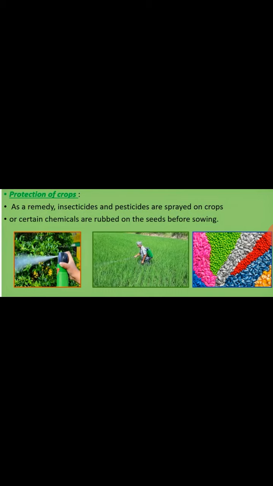Students, now you understood how to protect crops from insects, right? So tell me, how do we protect the crops from insects? Can you tell, students? Yes, we need to spray insecticides and pesticides on the crops, right?